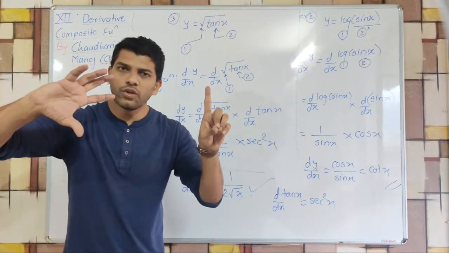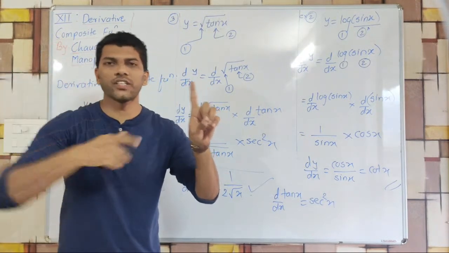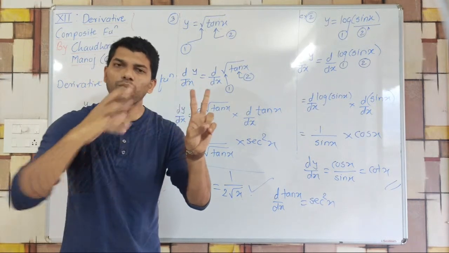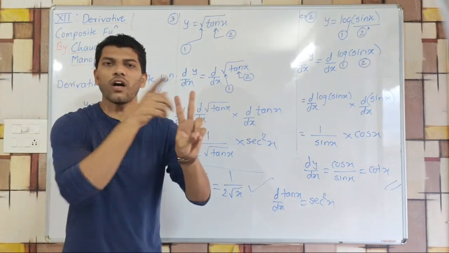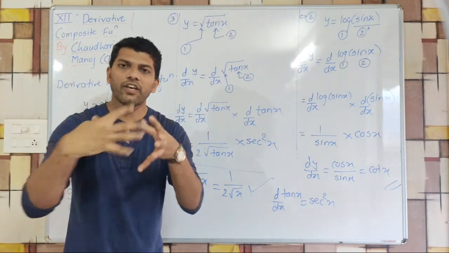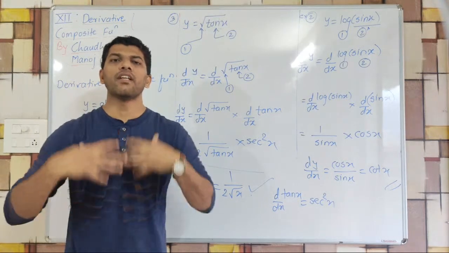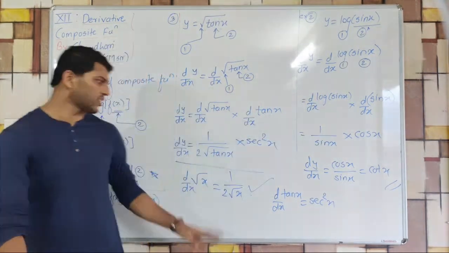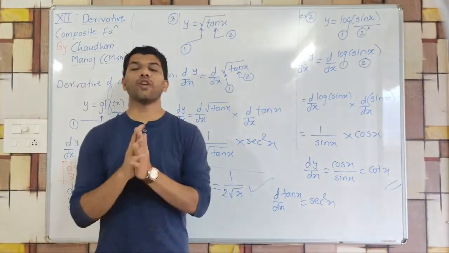Your job is to understand how a composite function forms. And the second thing is how to tackle a composite function. Always give numbering 1 and 2, and the way of finding a derivative is quite simple: differentiation of the first part into differentiation of the second part. This is the way that you have to tackle a composite.